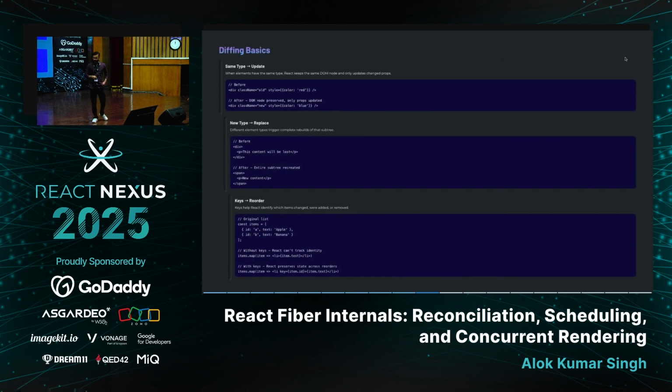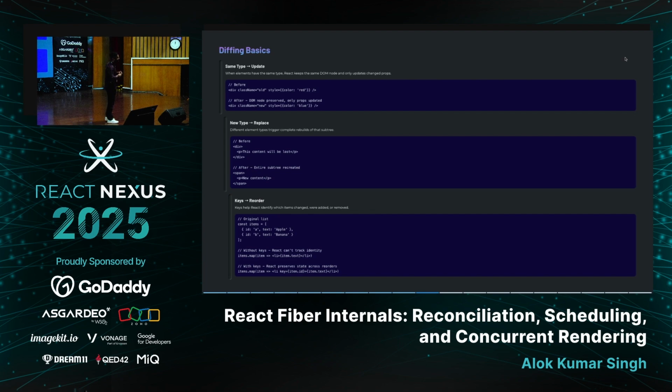So the next one is, as we saw, the reconciliation phase. We will be majorly covering the render phase, since this is the crux of React Fiber, because this is where we have the control. So first of all, we have to understand how this diffing works, like how they compare one node versus the other. The first one is the same type.